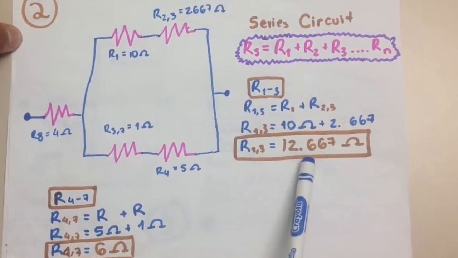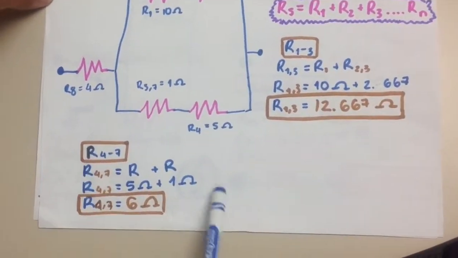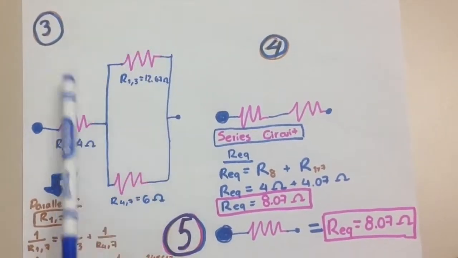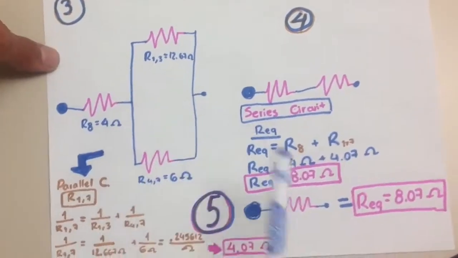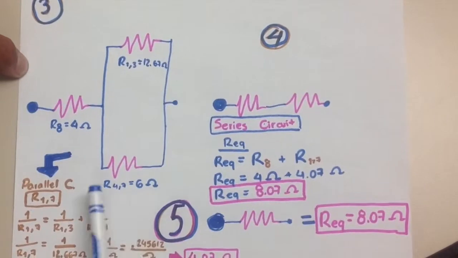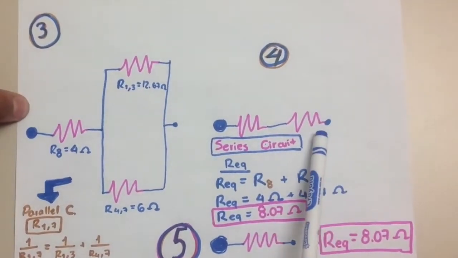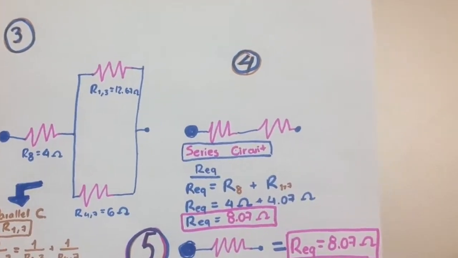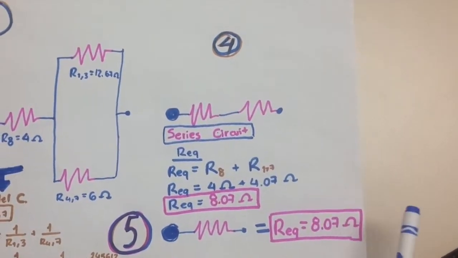We have this value for the upper part, and this value for the lower part. We end up with a simpler circuit with 1 parallel and 1 series. We know now how to solve a parallel, so we solve it here, and then we have a simple series, and we solve it by adding them, and we end up with a single resistance of 8.07 ohms.